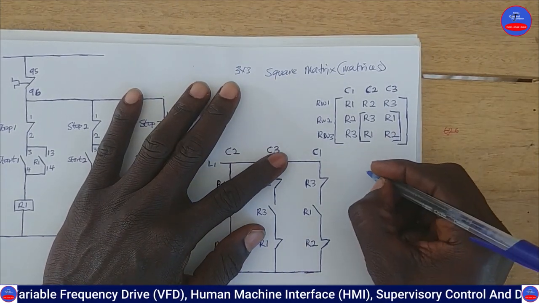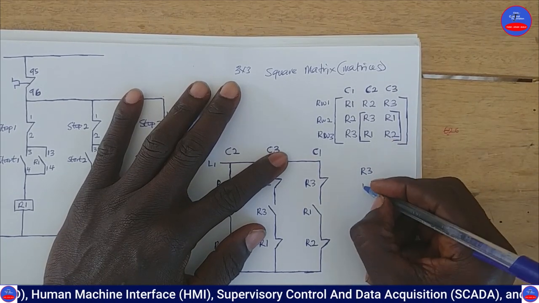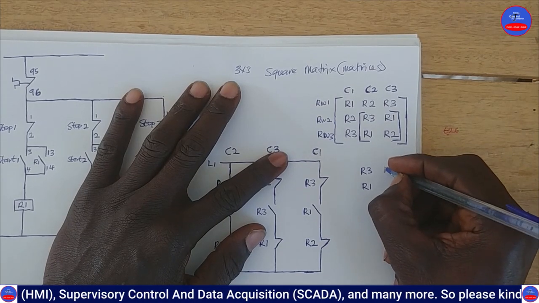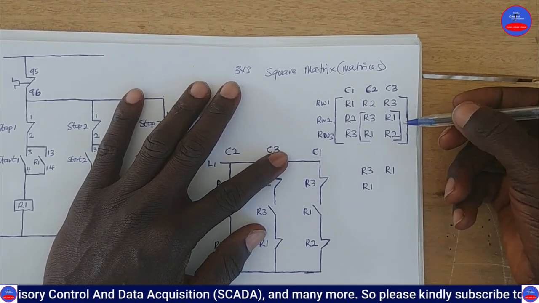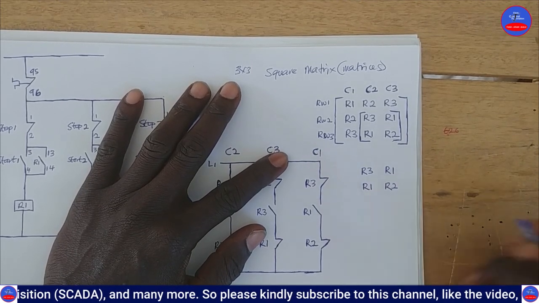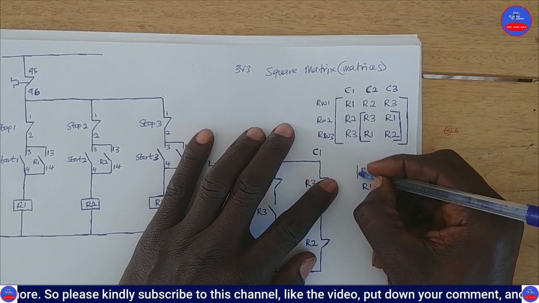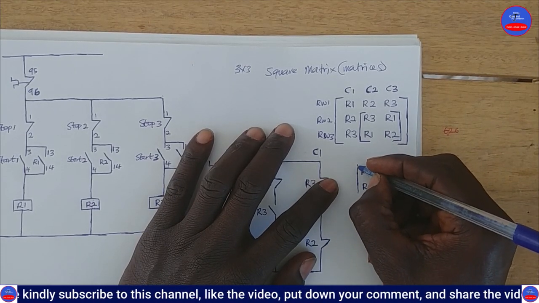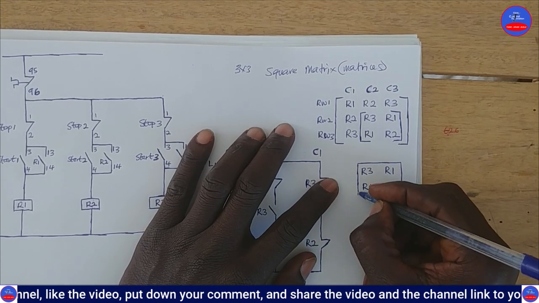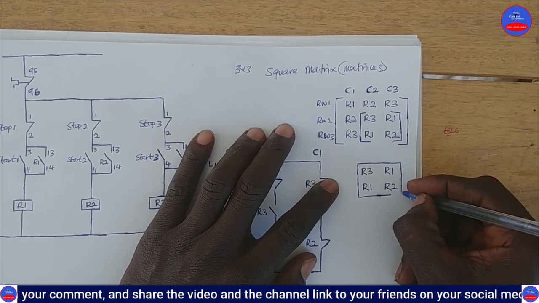All right, so we have R3, R1, and then R1. Okay, and then R2. All right, so now let's draw this box around them. Okay, so this is our 2 by 2 matrix. All right, 2 by 2, we took it from here, 2 by 2 matrix.